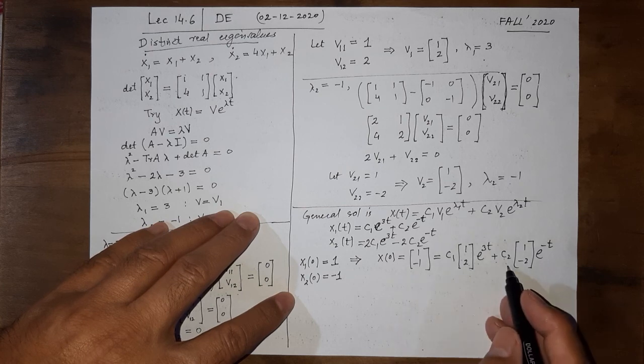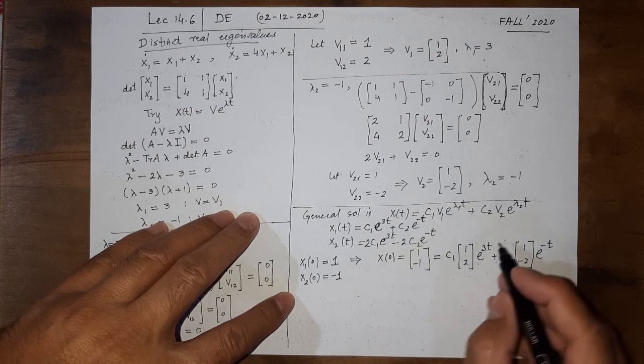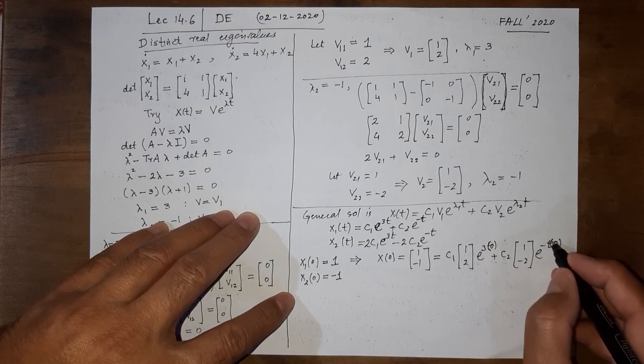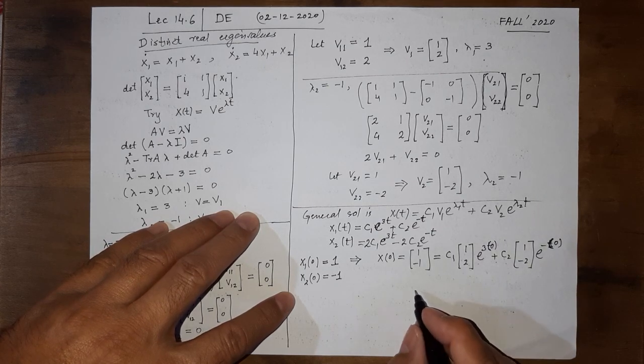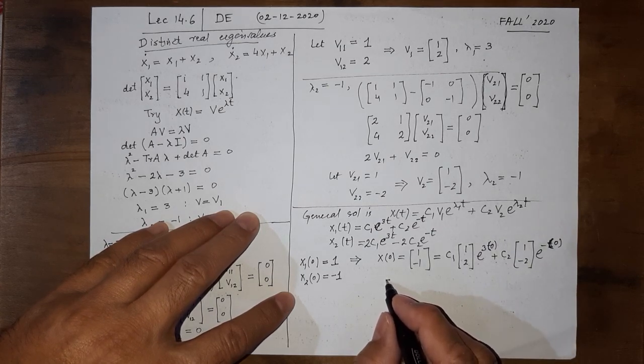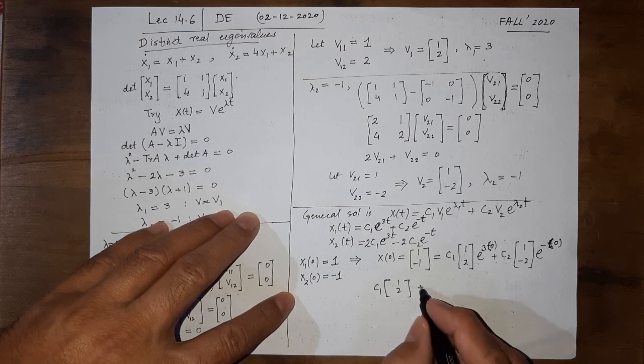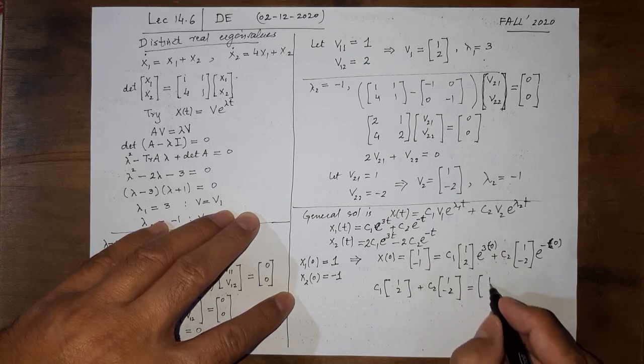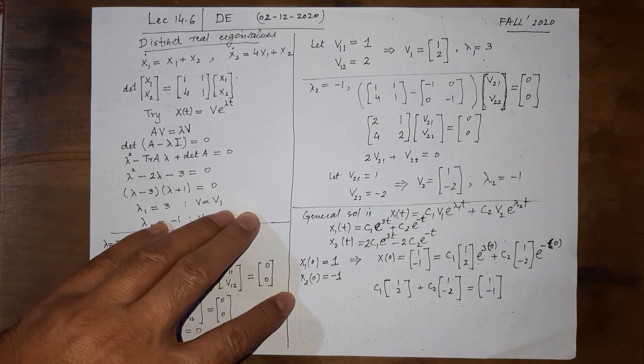This is x0, so t would be 0 in here, and e raised to the power 0 is going to be 1. So actually we found that c1 (1, 2) plus c2 (1, minus 2) is equal to (1, minus 1).